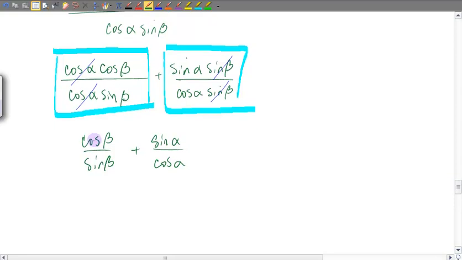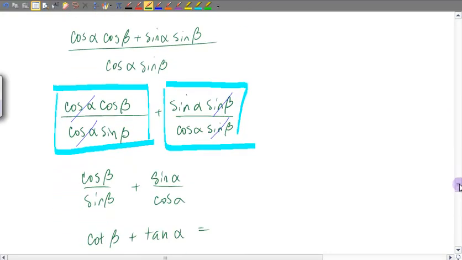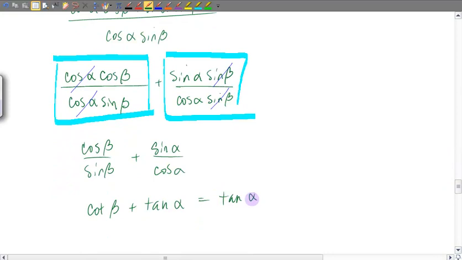Well, I can rewrite cosine over sine as the cotangent of beta, and this one is going to be tangent of alpha. Tangent of alpha, cotangent of beta. Same thing, right? Okay, so that was how we verified that identity.